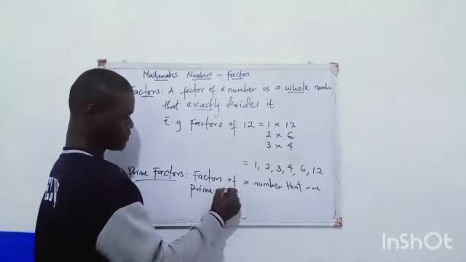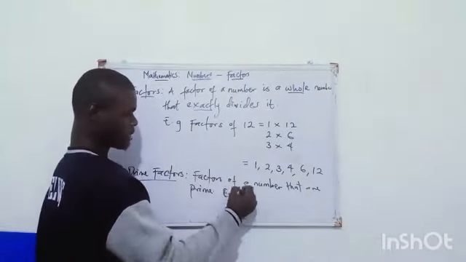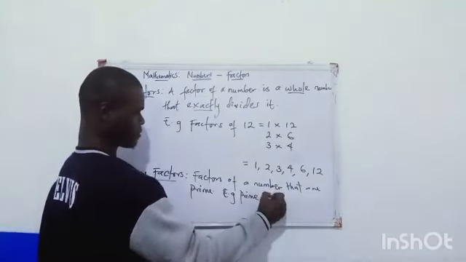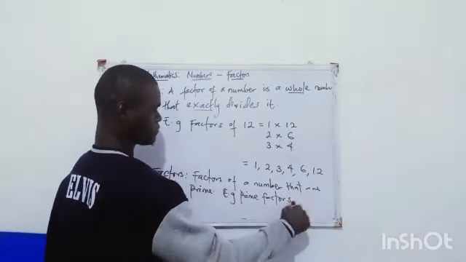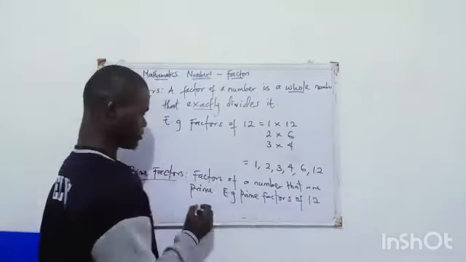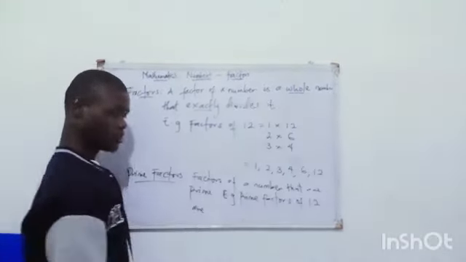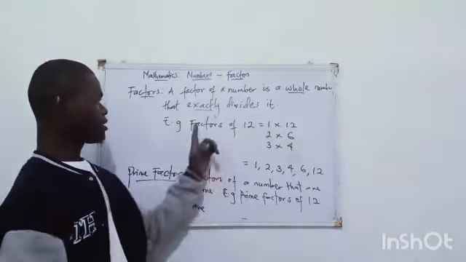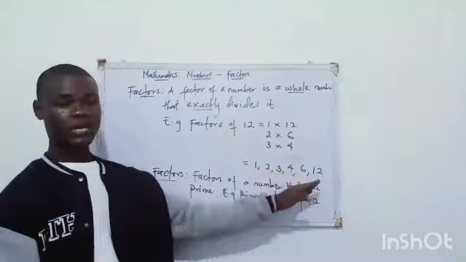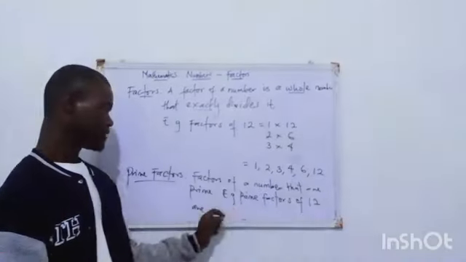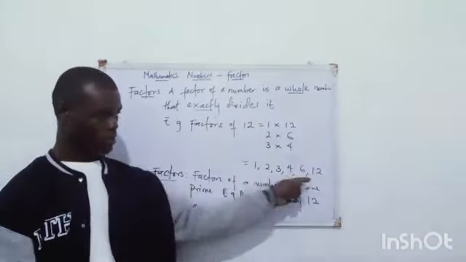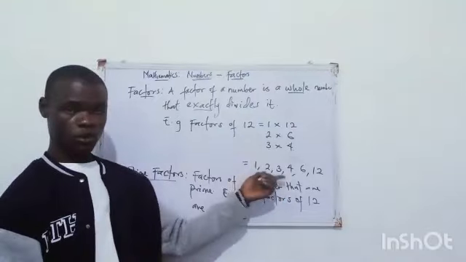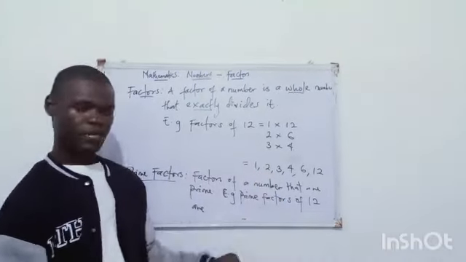Okay? Example, the prime factors of 12 are, what do you think it is? Let's check. These are the factors of 12: 1, 2, 3, 4, and 6. Now your job is to find the factors of 12 that are prime numbers.